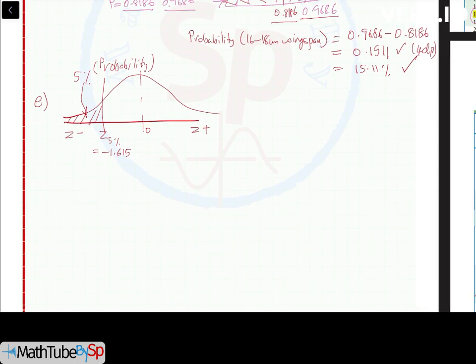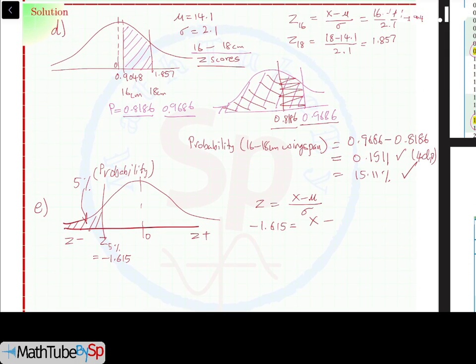Okay, so let me write the formula. Z is equal to x minus mean divided by standard deviation. My z is minus 1.65, and I need to find the actual reading, the butterfly wingspan in town A, that is x minus mean. My mean is 14.1, divided by 2.1. Solving this, x is equal to 2.1 times minus 1.65 plus 14.1.